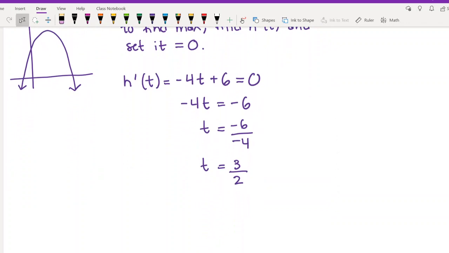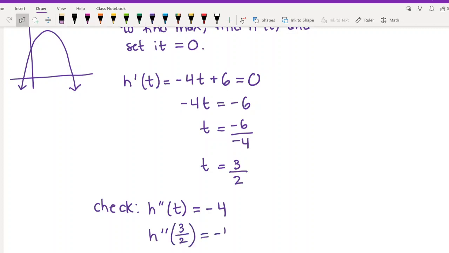So how can we do that? Well, if we take the second derivative, we get just negative 4. The derivative of negative 4t plus 6 is negative 4. And so that tells us that this function is always concave down. So if we were to plug in 3/2, we would get a negative number.